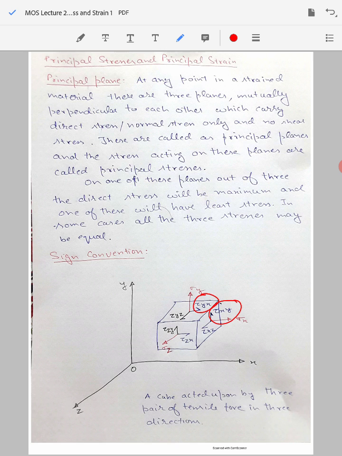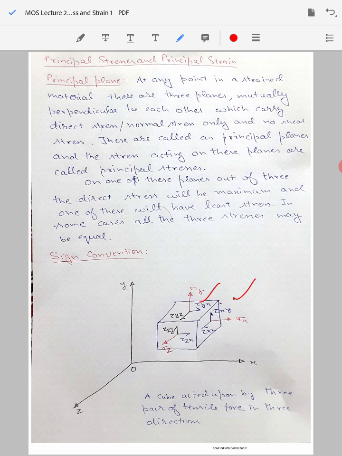For the sign convention, if we take the case of tau xy, it is the shear stress perpendicular to x and in the direction of y. So tau xy is perpendicular to the x marked here and is in the direction of y. Similarly, tau yx here is perpendicular to y in the direction of x, but both are acting in the xy plane. So these are a pair of complementary shear stresses acting in the xy plane.